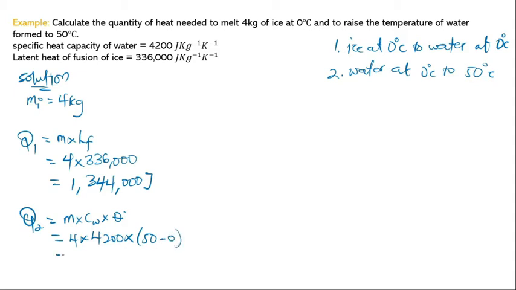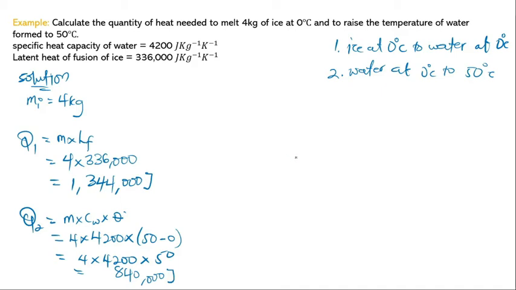So we have 4 multiplied by 4,200 multiplied by 50, and that gives a heat energy of 840,000 joules.